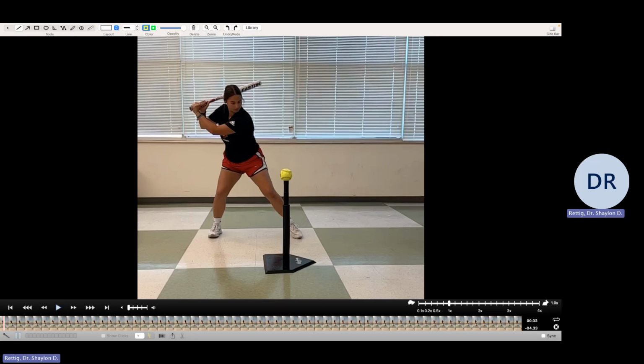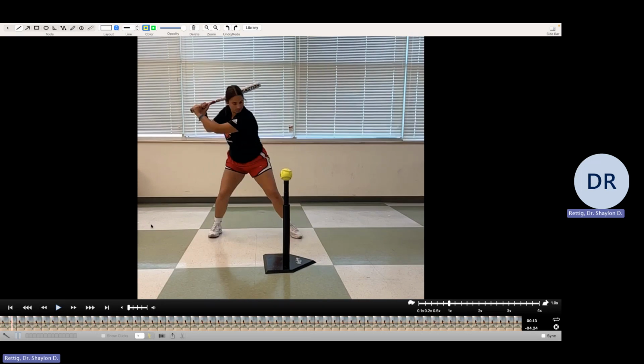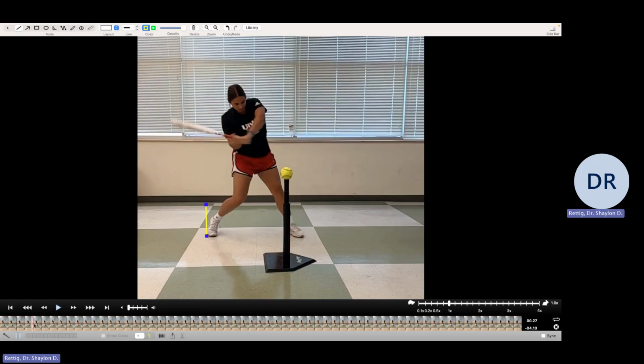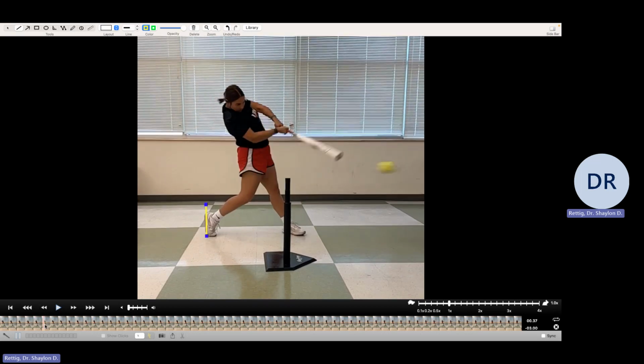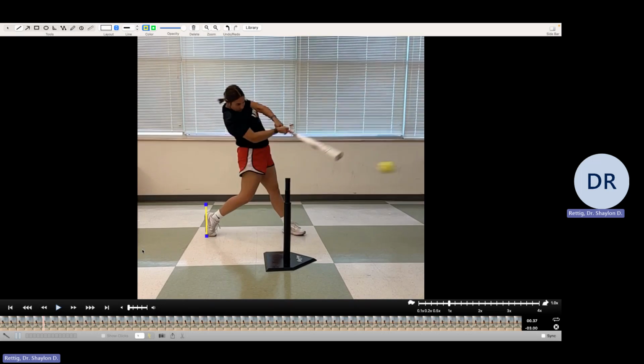All right. Next, are you hanging back? What we do here is draw a line straight up. Once you get to contact, we don't want that heel to cross the line. So I think you're okay, and what that means is you're getting a decent weight shift. We definitely don't want that heel well past the line.